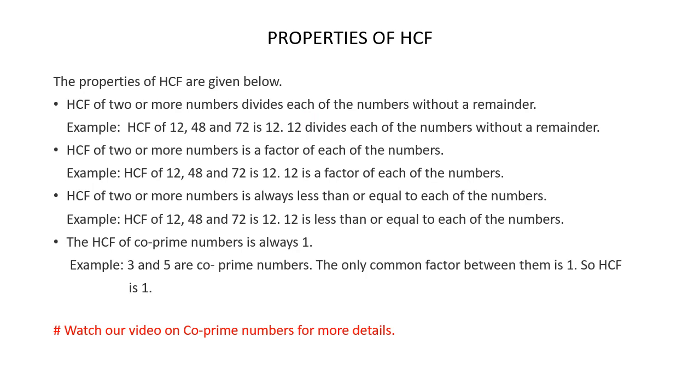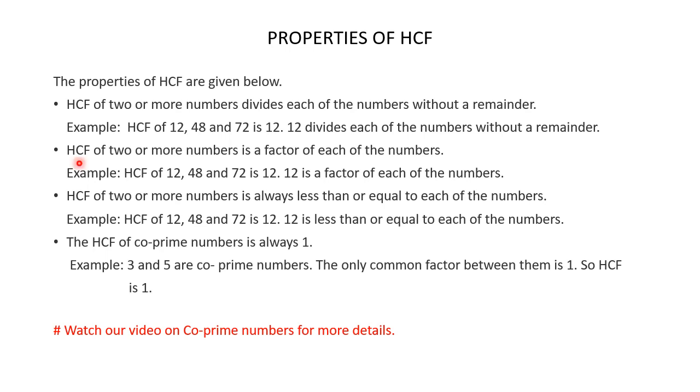For example, HCF of 12, 48 and 72 is 12. 12 divides each of the numbers without leaving a remainder. 12 divides 12 without leaving a remainder. 12 divides 48 without leaving a remainder. And 12 divides 72 without leaving a remainder.